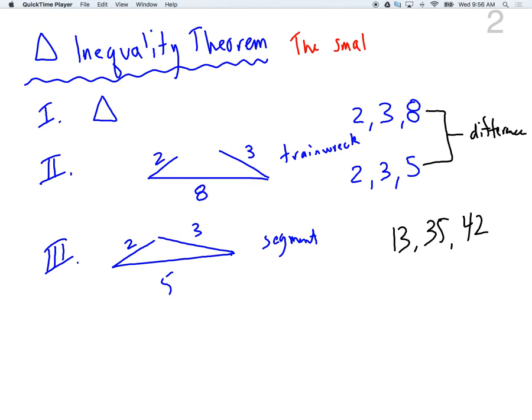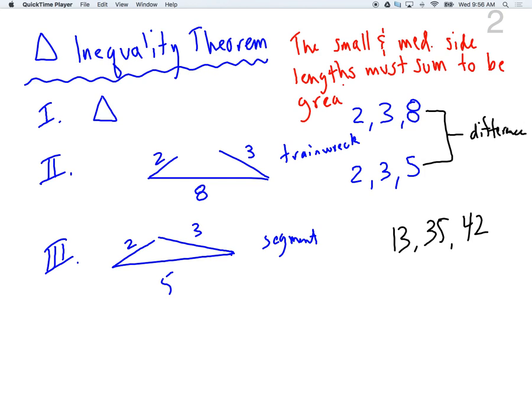The smallest, no, let's not use smallest, let's use small. Small and medium side lengths must sum, ooh, fancy term, sum to be greater than the long side.